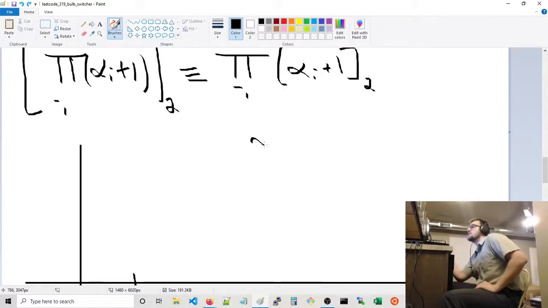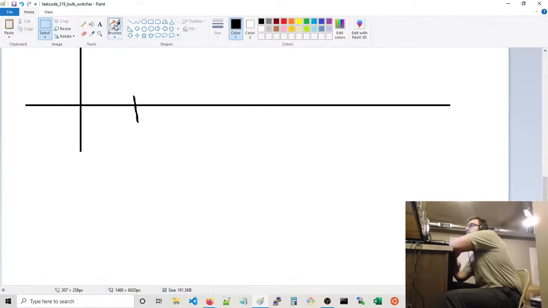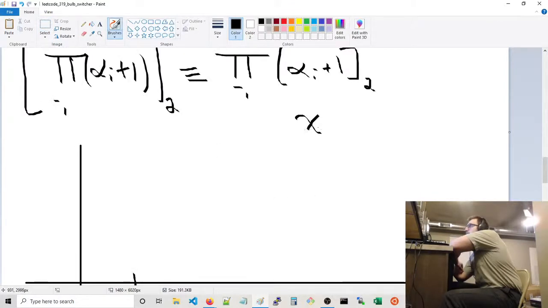We have x squared equal to some k, and x is supposed to be the square root of k. Let's do it that way.